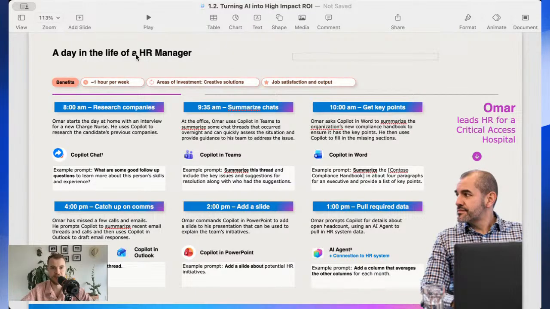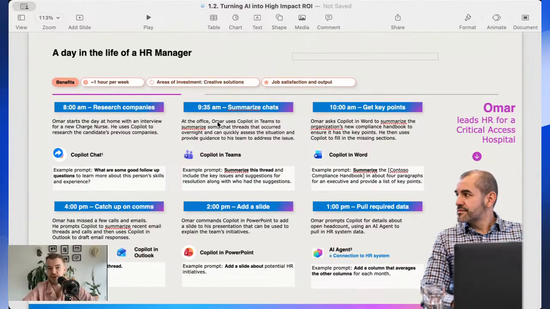So HR manager, right? Omar leads HR for a critical access hospital. What does a day in his life look like from 8 to 1? So 8 a.m., he's researching companies because he's got a new charge nurse coming in for an interview, and he wants to understand where that nurse has worked or is working and what's going on with those organizations.